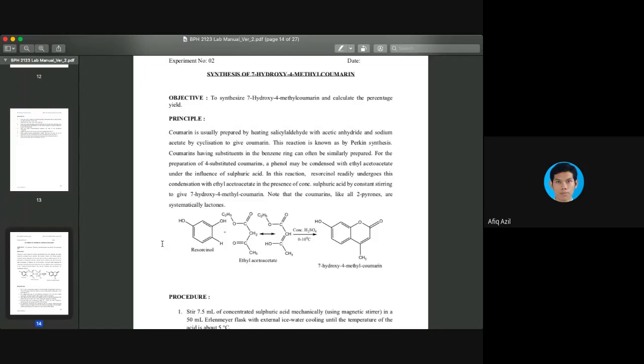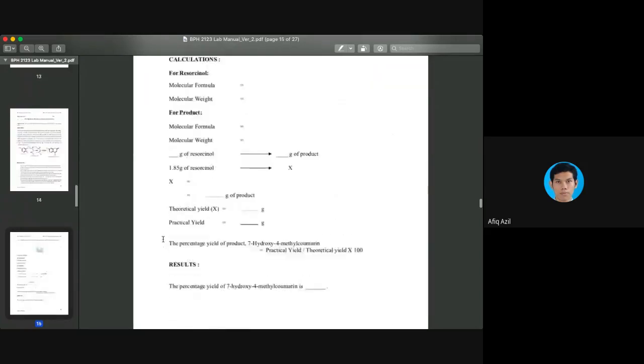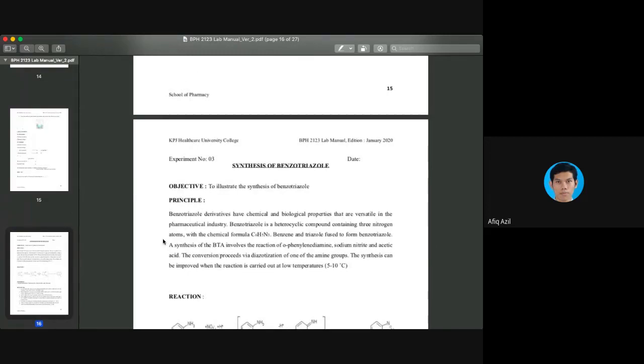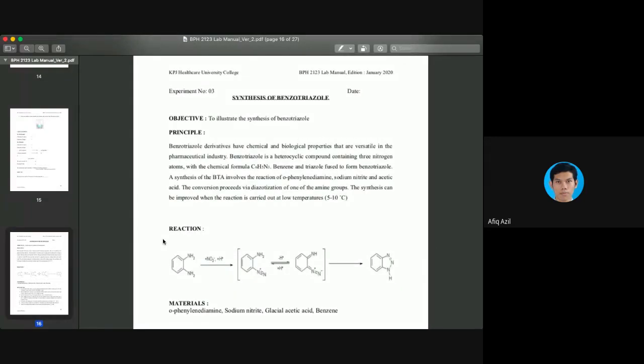The starting materials that you are going to use are resorcinol and ethyl acetoacetate. Later I will show you the videos for both reactions, experiment number 2 and experiment 3, which is the synthesis of benzotriazole.